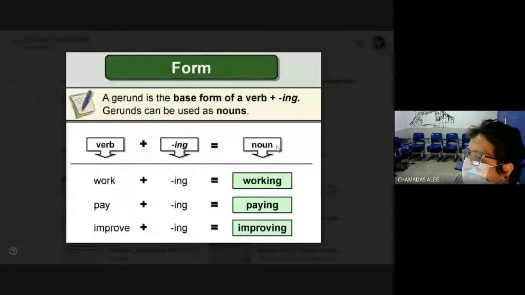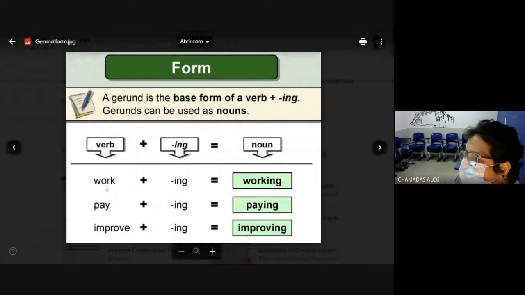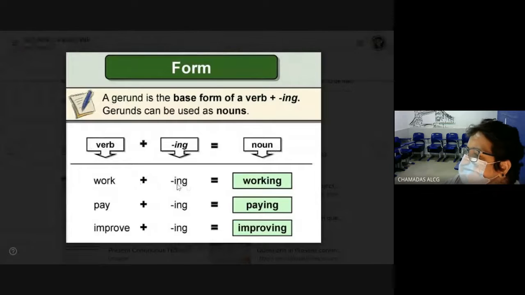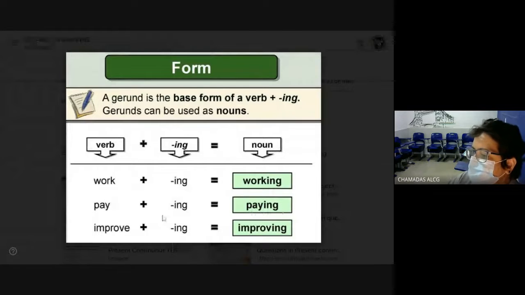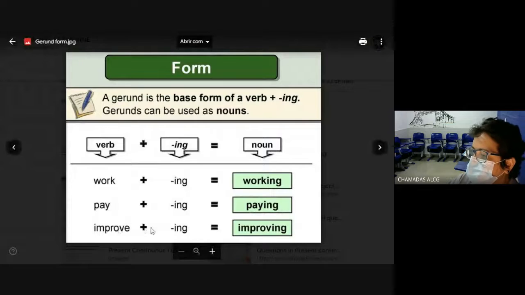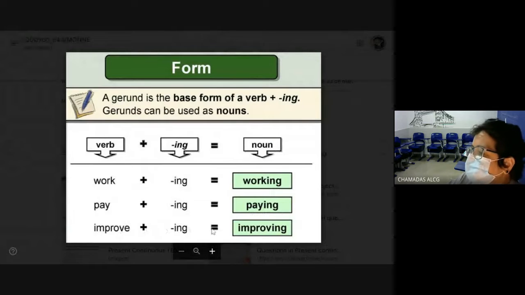Look, verb plus ing, noun. So work plus ing becomes working. Pay plus ing becomes paying. Improve plus ing becomes improving. All right?